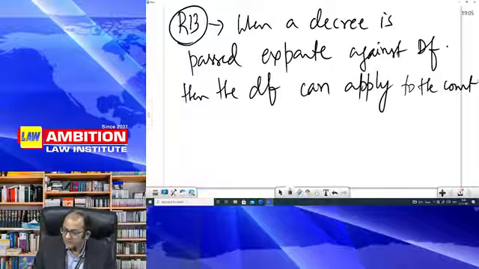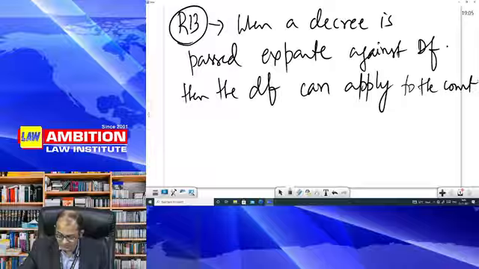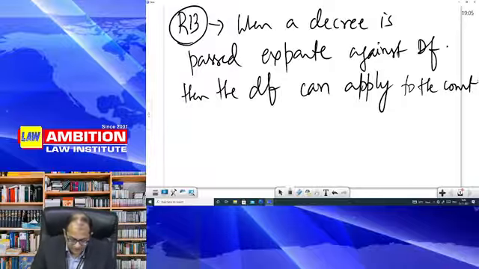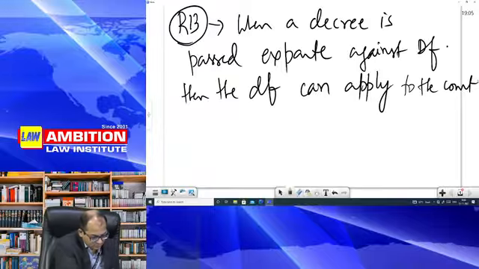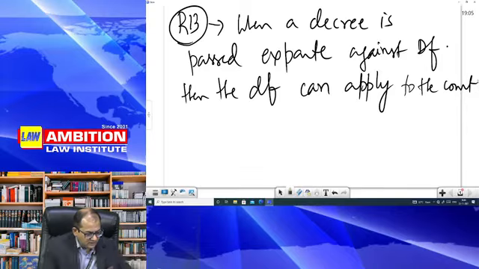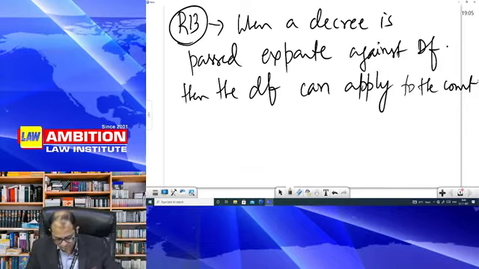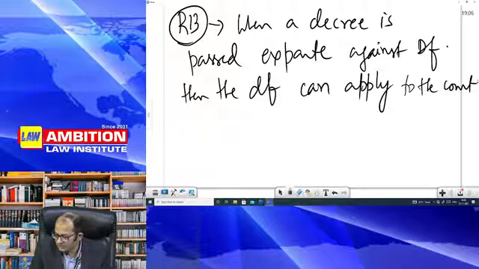In granting the relief against ex parte decree, the court can exercise discretion based on sound judicial principle.